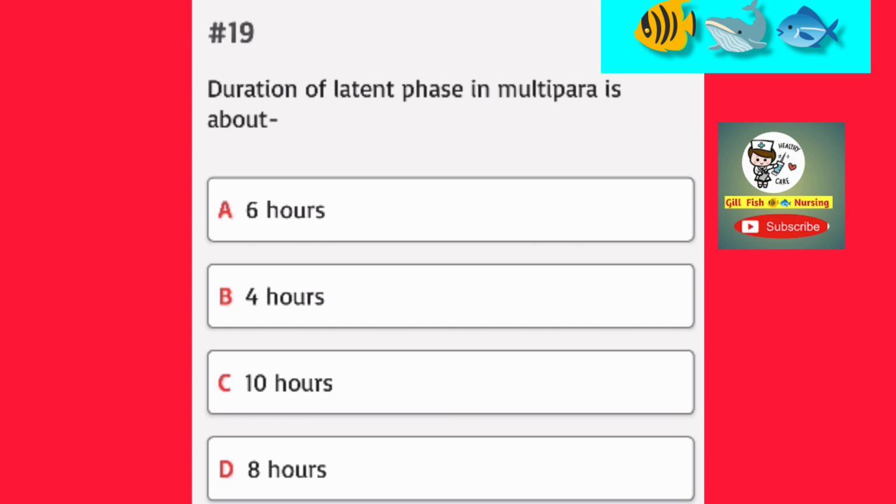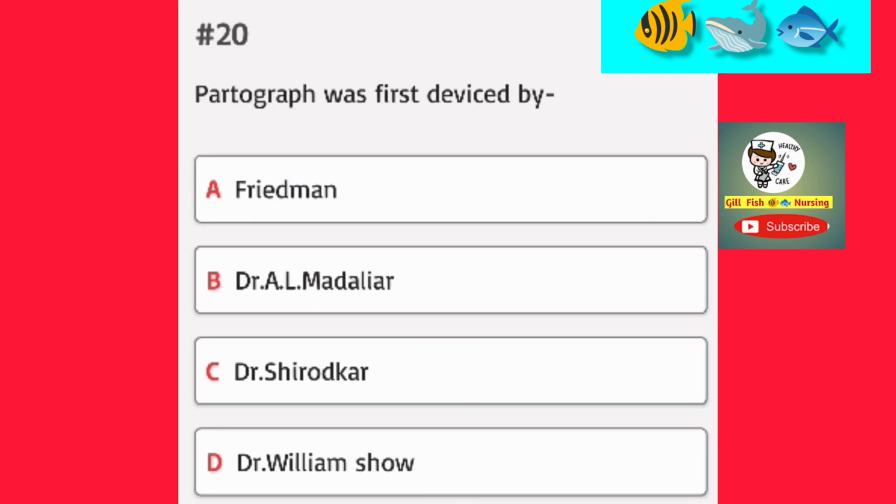Now the question is about multipara, so the answer will be 4 hours, because the latent phase is shorter in multipara. It begins with the onset of regular contractions and lasts up to 3 to 4 centimeter dilatation. Okay, fine.